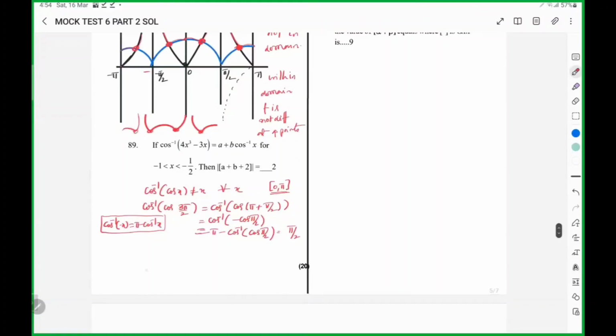So the basic graph of cos inverse cos x goes up to pi. So this is 0 up to pi. It repeats at 2 pi, 3 pi like this.